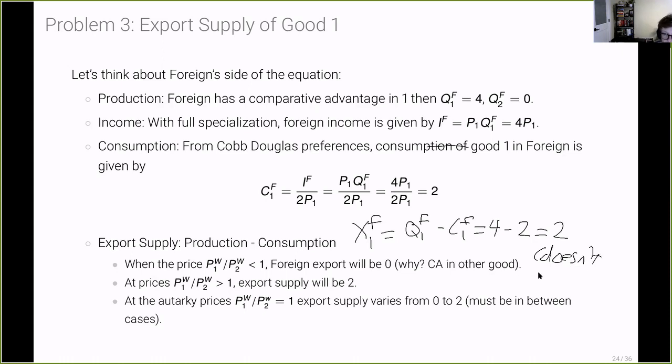By that I mean, as long as prices are greater than 1, then exports are constant and they don't depend on price. And so as long as prices are such that foreign has a comparative advantage in good 1, then foreign's exports are going to be constant.